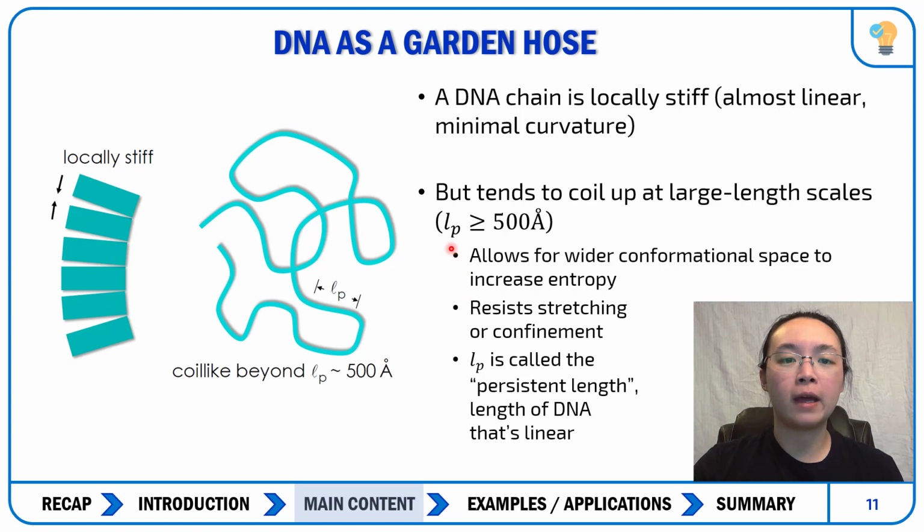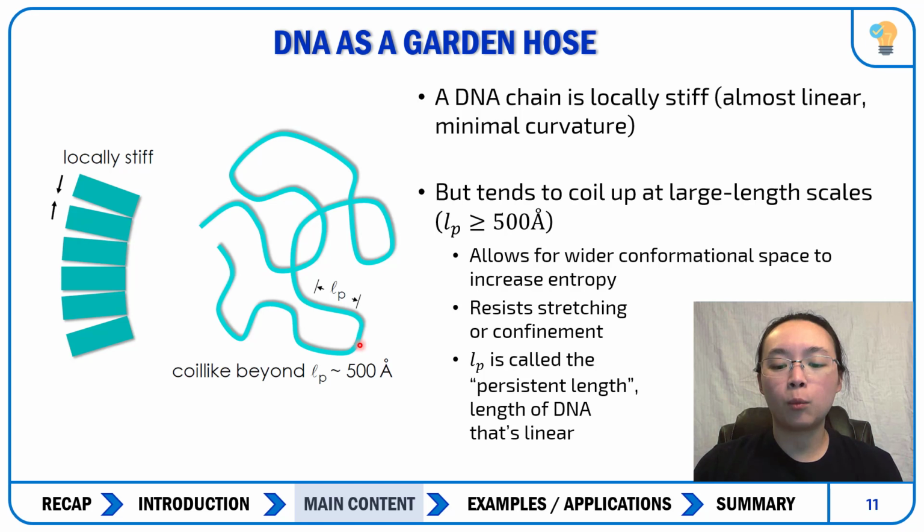We have LP being the persistent length. That's the length of DNA that we're allowed to call linear. Anything past that, and there is a non-negligible curve to that piece of DNA. Over here, we've labeled this section as a section that looks linear to us. If the persistent length were extended to maybe this, then it would no longer look linear.